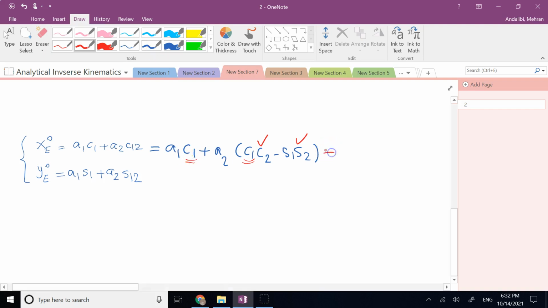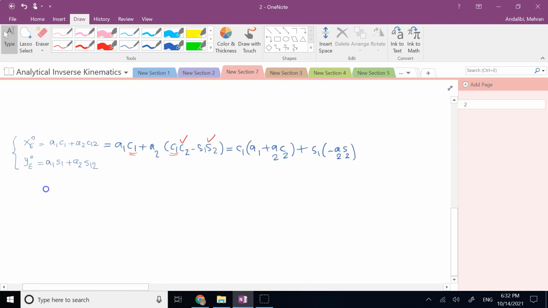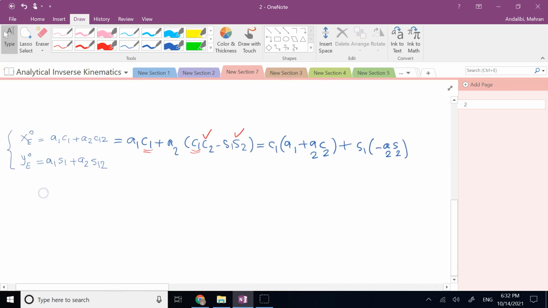So if I factor out the c1 term, it is going to be c1 times what? Here is a1, that is going to be plus a2 c2. And then this term, if I factor out s1, is going to be negative a2 s2. Okay, that is x of e.